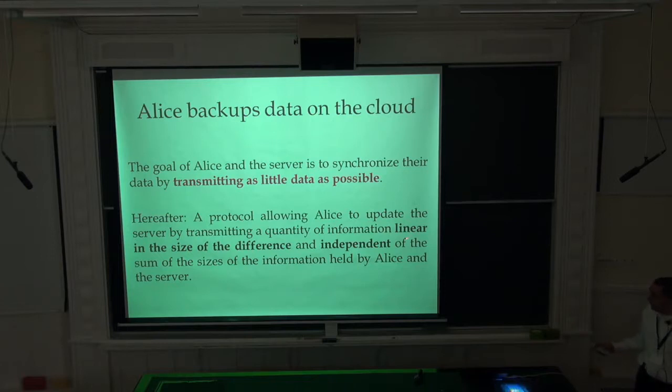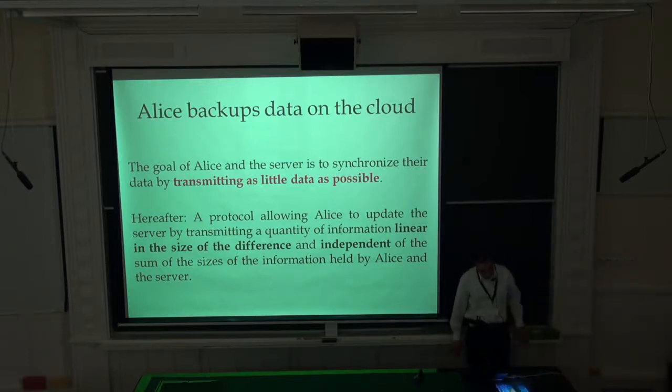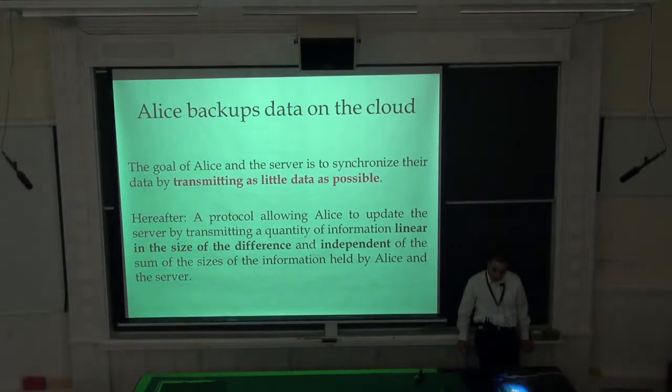But if you're using rsync, rsync is actually transmitting a quantity of information which is proportional to the number of files that you have. Rsync works with hashing. You can take the code, it is in the public domain, and look at what it does.